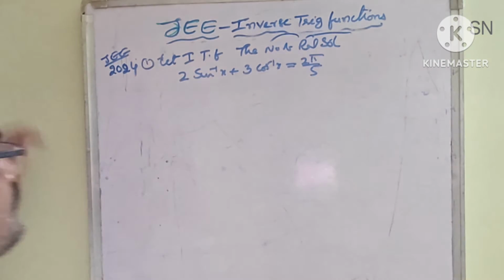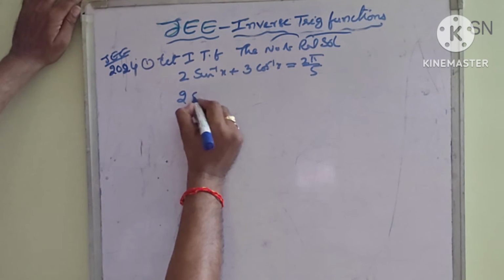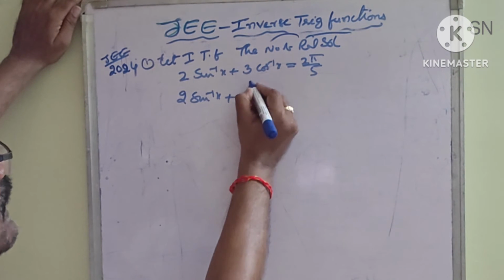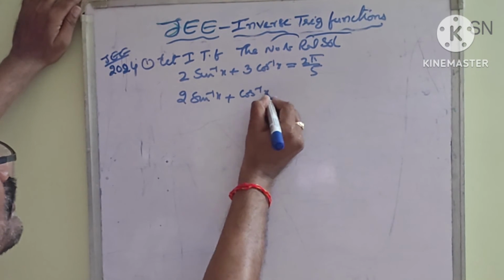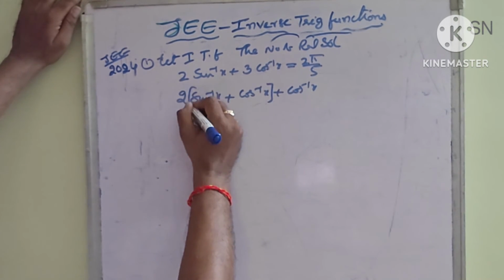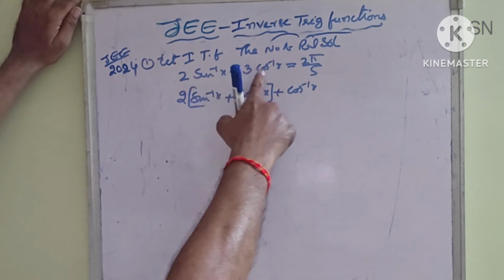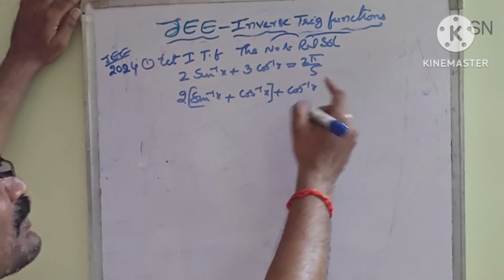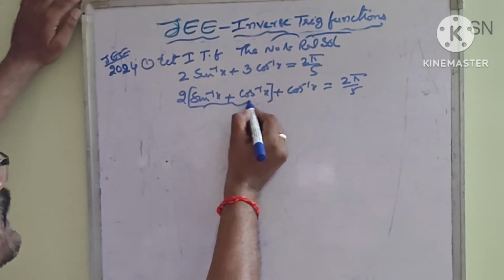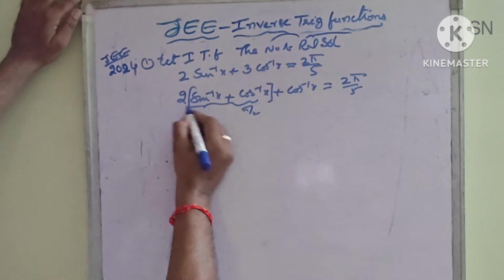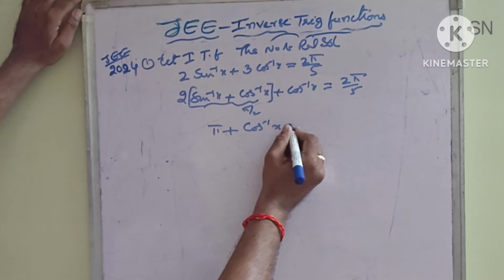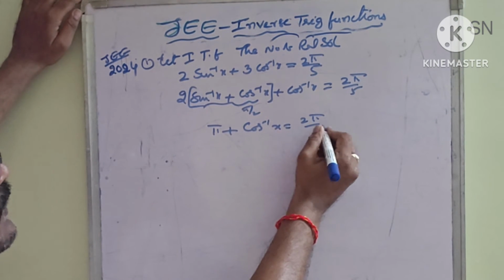So here, 2 sin inverse x plus 2 cos inverse x, plus cos inverse of x. Now 2 is common. Here 3 cos inverse x means 2 cos inverse x plus cos inverse x, that is 2 pi by 5. We know that this value is pi by 2. 2 into pi by 2, pi. Pi plus cos inverse x is equal to 2 pi by 5.